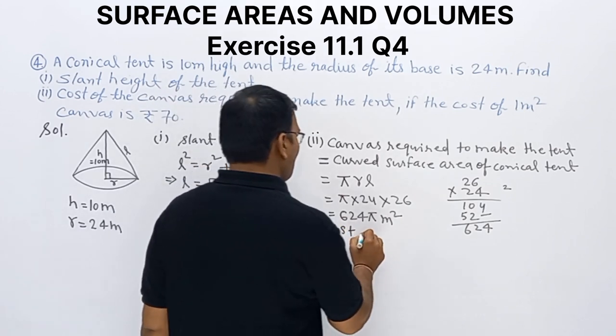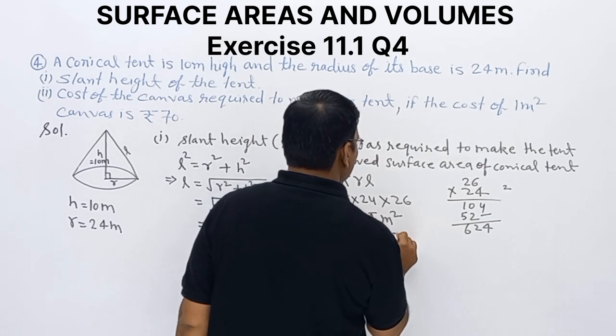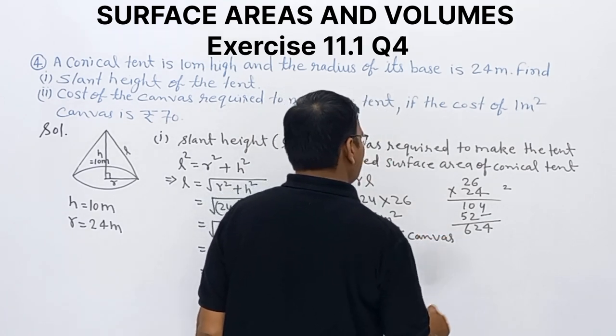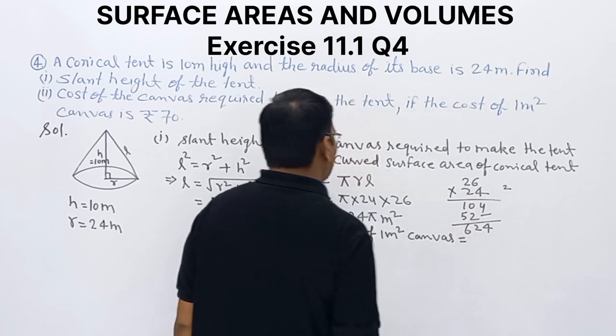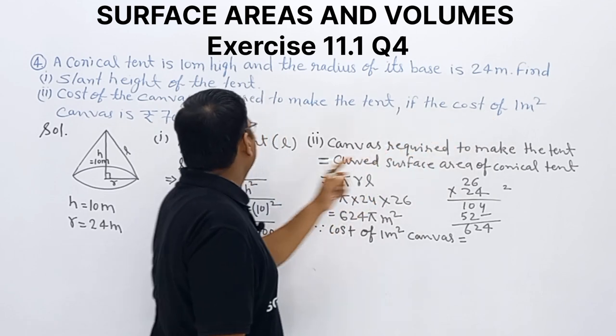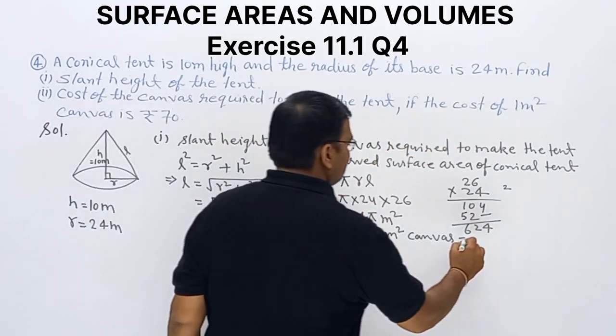The cost of 1 meter square canvas is rupees 70.